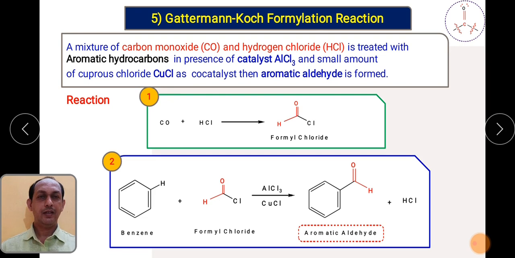So the ring carbon can attack this carbonyl carbon, with subsequent elimination, and you get the formation of aldehyde. Here the red part comes from formyl chloride. So you can understand the use of formyl chloride. The H from the benzene ring and Cl from formyl chloride are eliminated to give HCl as the byproduct.